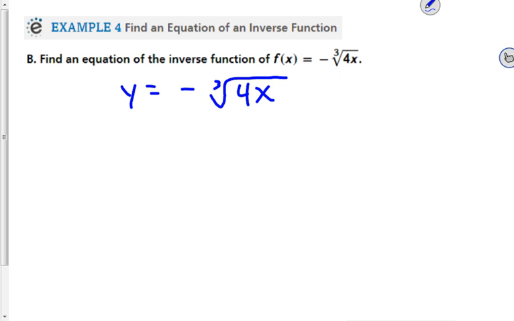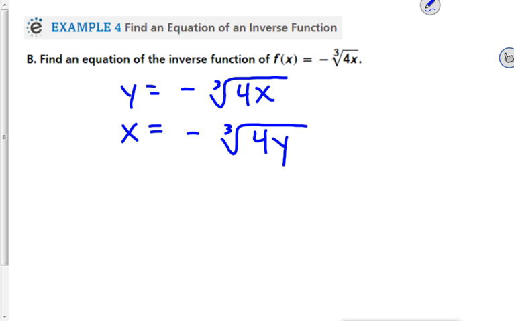Step 2, switch the x and the y. This becomes x equals negative cube root of 4y. Let me rewrite that. That negative sign is just in a bad place. Negative the cube root of 4y. That's much better. Now we need to solve for y.